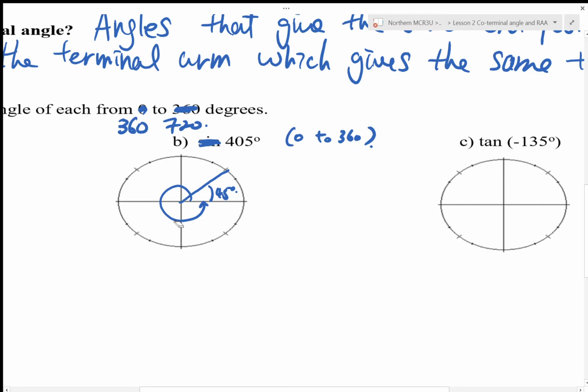That means my terminal angle is residing in the first quadrant with the reference angle of 45 degrees. So the coterminal angle from, let's say, 0 to 360 will be just 45 degrees. So the very first step is to draw where the angle is, and basically you add a full rotation, which is 360, or you subtract 360, etc., to find the answer within that given domain, per se.